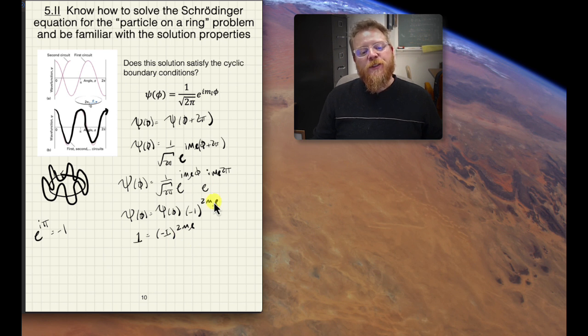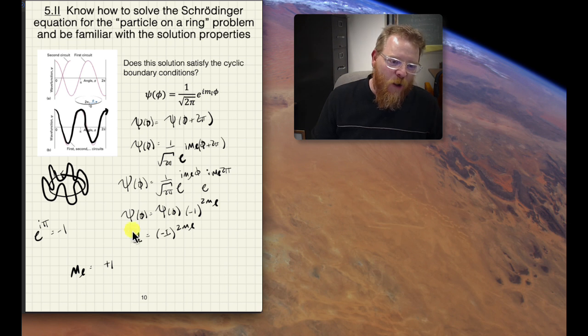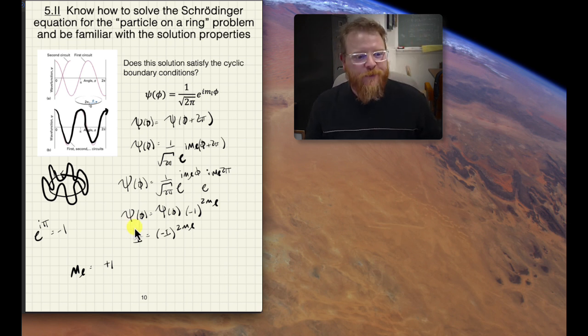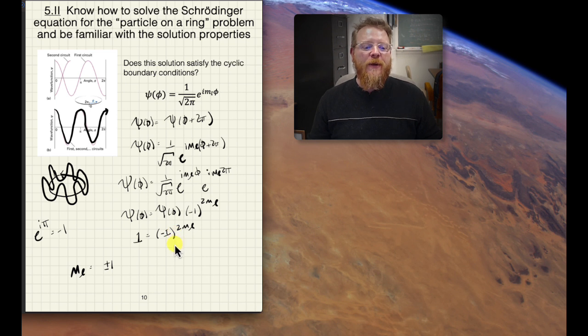And now if we were to start testing those values of m_l that we came up with, hopefully you can see it's going to satisfy this relationship. So for example, if I put +1 in for m_l, -1 squared is +1, so that works well. Well, what if I put -1 in there? Well, that becomes -1 raised to the -2 power. That still equals 1. So that's all good.